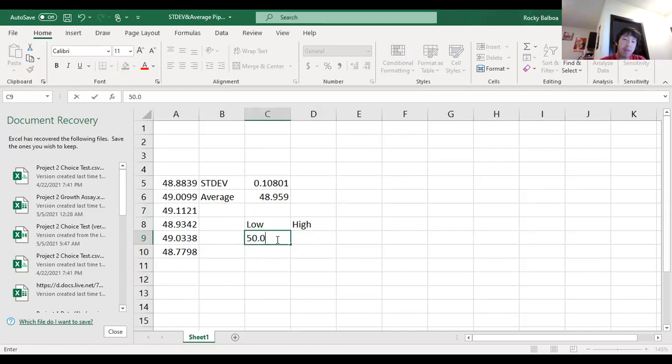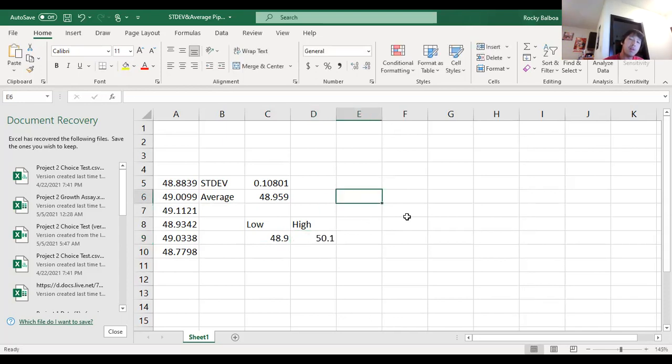So we'll look at 50, no, 49, 48.9, 50.1. Okay. We're back off of our fun Excel break.